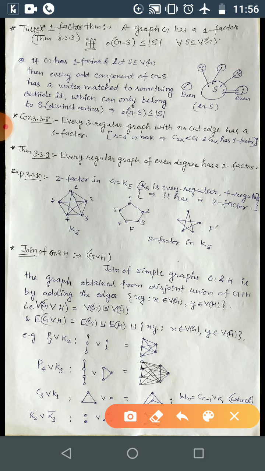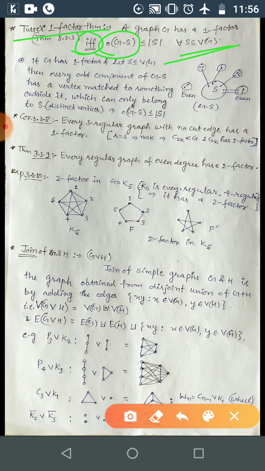So here we want to check the same thing, whether a one factor exists or not. So there is one condition, that is Tutte's condition for one factor, or you can also call it Tutte's one factor theorem, because he proved this if and only if condition, that is, if G has a one factor, then the number of odd components of G minus S, S being a subset of vertices, okay?